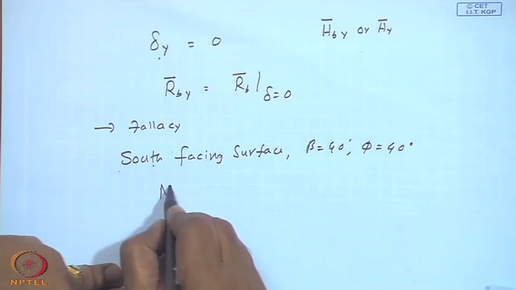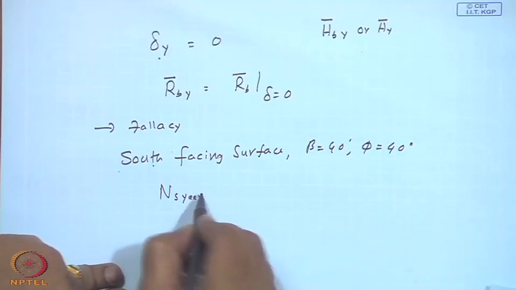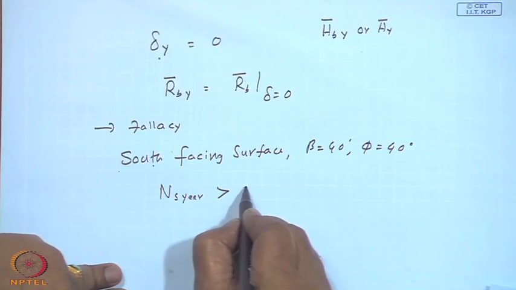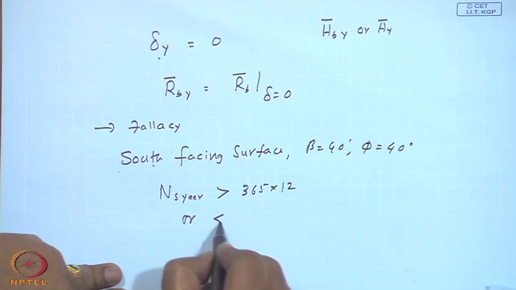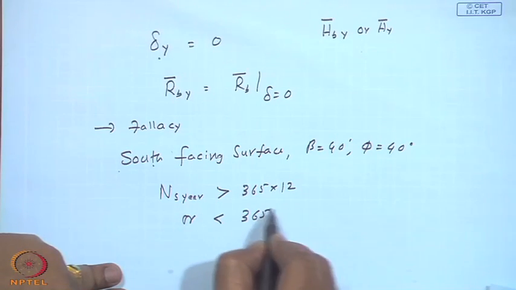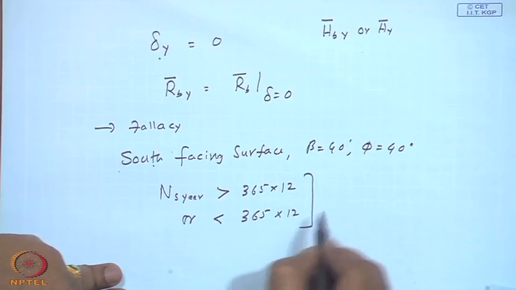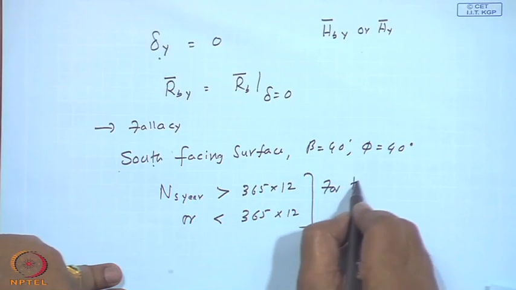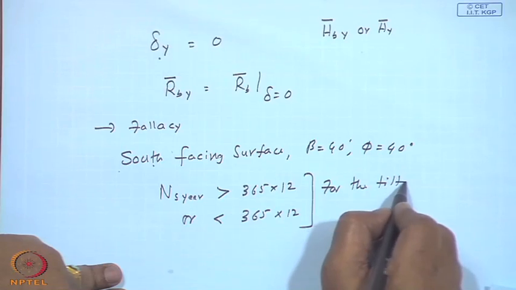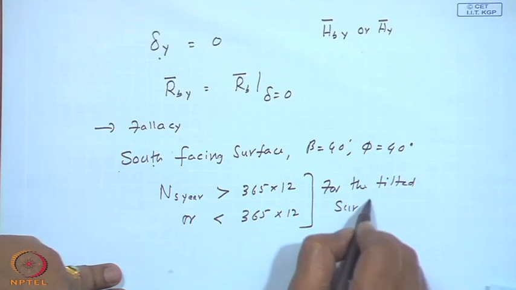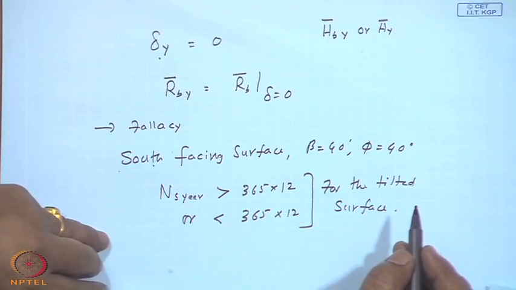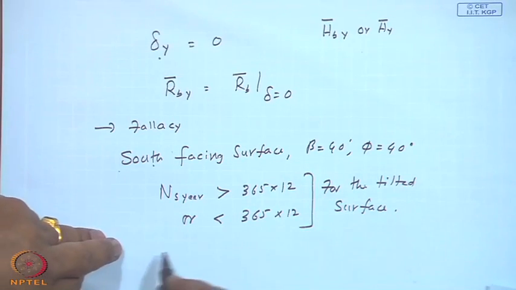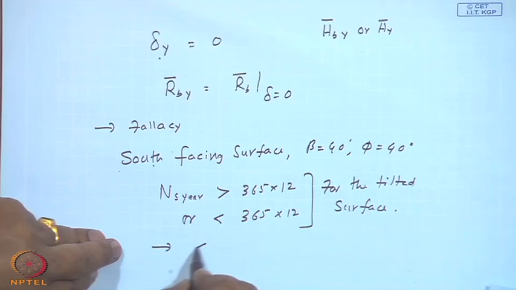So, let us say n_s for the year greater than 365 into 12 or less than 365 into 12 for the surface. Just a guesswork or trigonometry. We can readily say it should be less than 365 into 12.